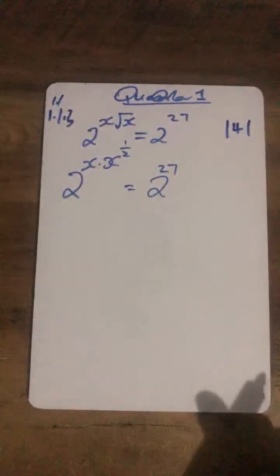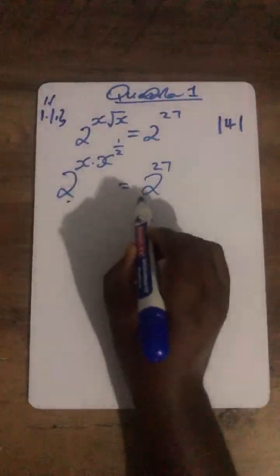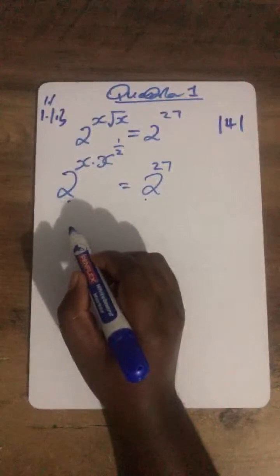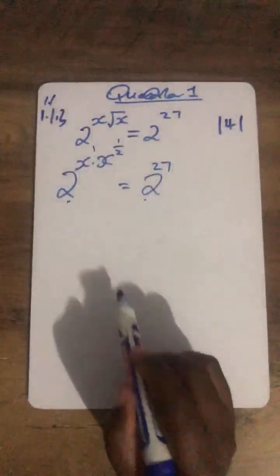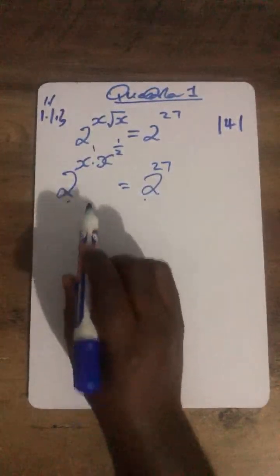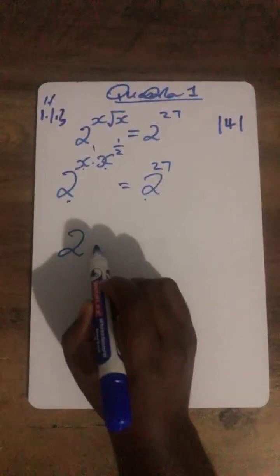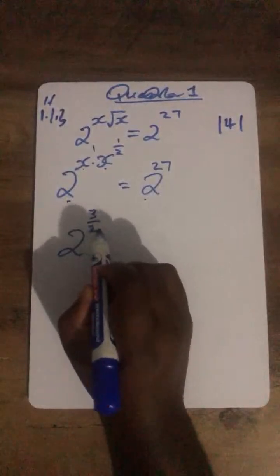Remember, we have been discussing all of that, honorable members. So now, bases are the same. We can still equate the exponents. But before we do that, we can still try to work out this one. You remember, we said if you have the same base, you add the exponents. So that means we have 2 to the exponent 1 plus half. Trust me, it gives you 3 over 2.